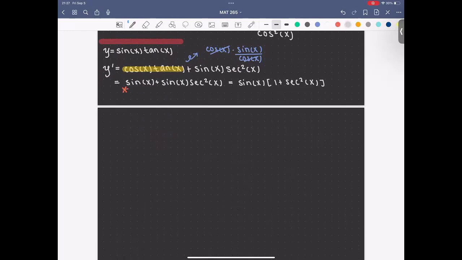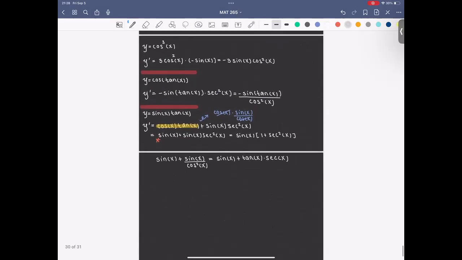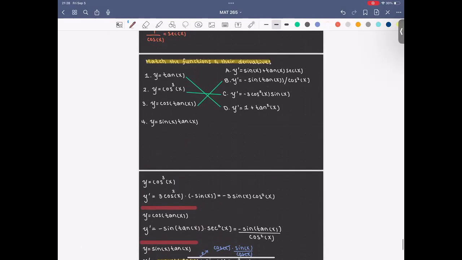And they want us to do, okay, we're going to have sine of x plus, now let's remember secant squared of x is going to be sine of x over cosine squared of x. So this is going to be sine of x plus, now sine of x over cosine of x, that's going to give us a tangent of x, and we're going to be left over with 1 secant of x, so 1 over cosine of x. And that's the form that they wanted it in.